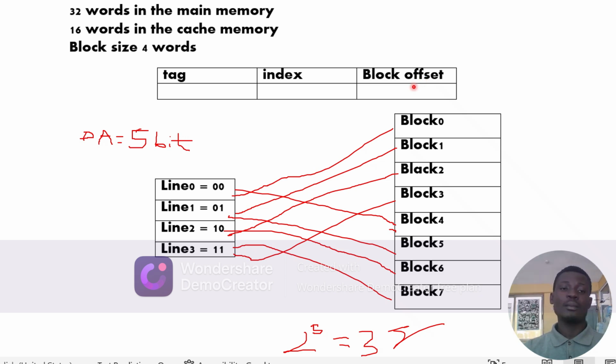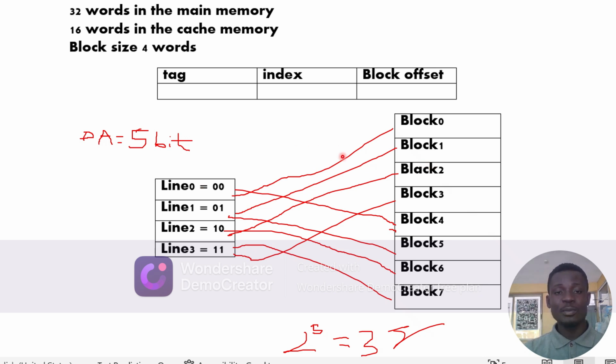First, let's explain the tag. This is the function of the tag: it will specify the particular block.